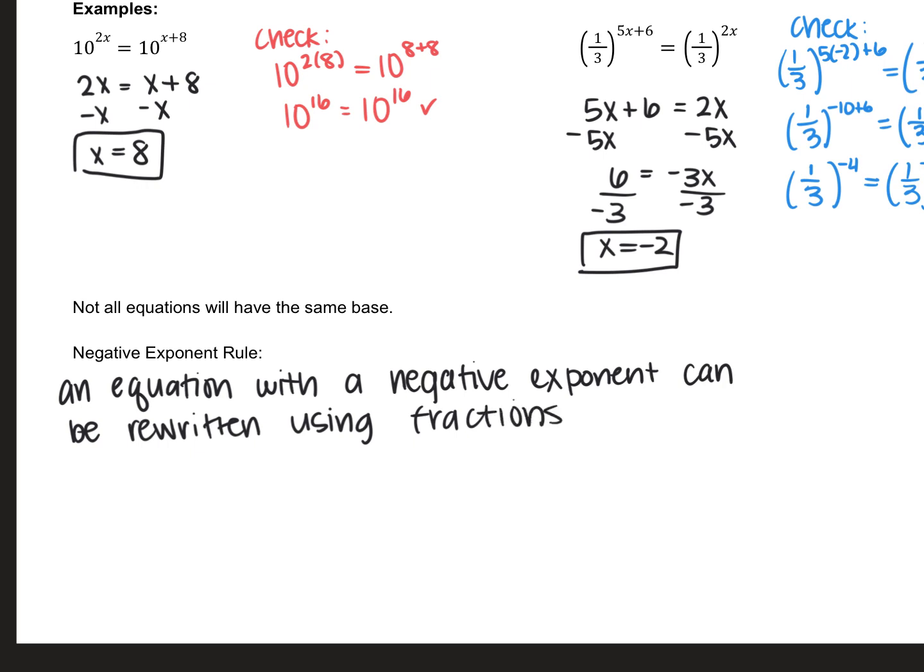What that means is if you have some number a raised to the negative m power, I can rewrite it as 1 over a to the positive m power. That allows us to rewrite fractional bases with negative exponents as whole number bases. I know it's a little weird to think about in the definition, so I'm going to go through some examples as well.